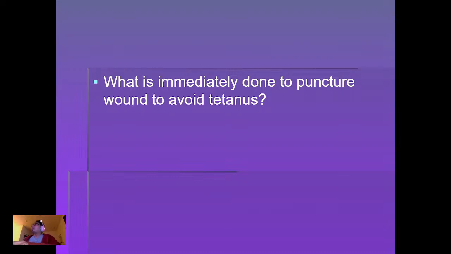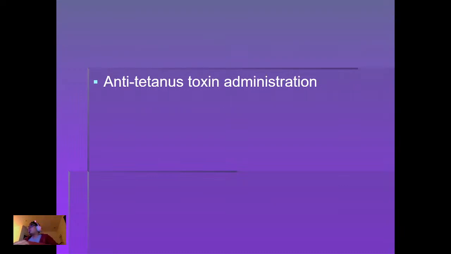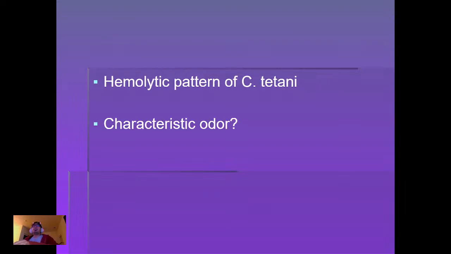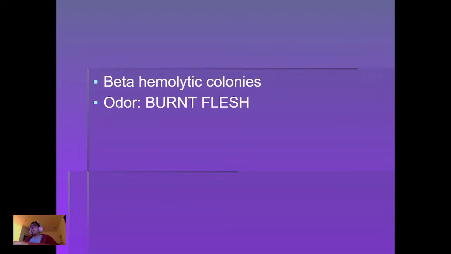Okay? What is immediately done to a puncture wound to avoid tetanus? Obviously, you have to administer anti-tetanus toxin. Okay? Now, we'll talk about the appearance of Clostridium tetani. The hemolytic pattern is beta hemolytic, and the smell of the colonies has a burnt flesh odor. Sunog na karne.